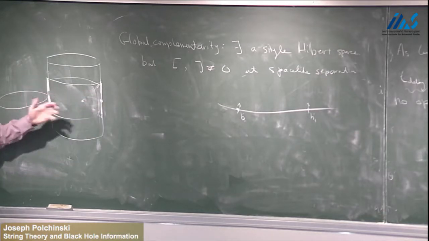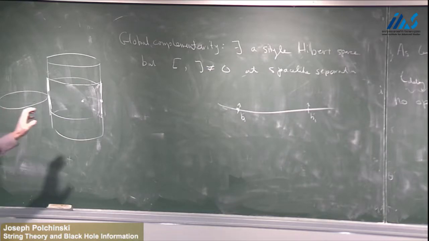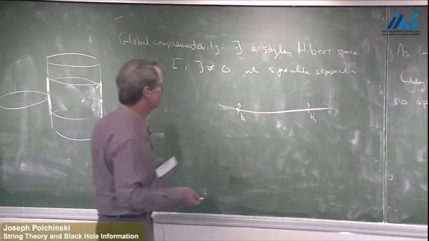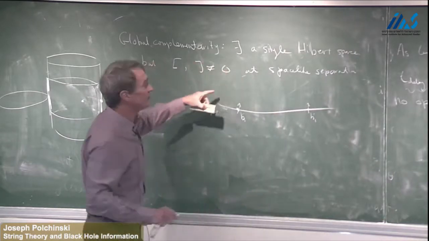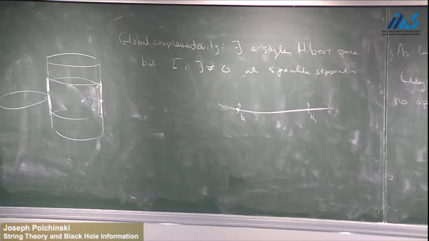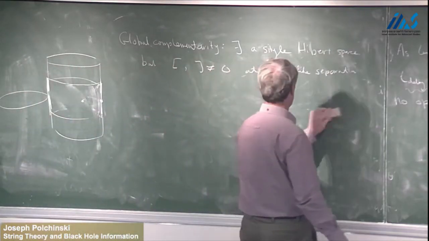And in fact, all the information that's present in the bulk is present in the CFT. And so this interpretation of that thought experiment seems very plausible. This came a few years before AdS/CFT, and then AdS/CFT seemed like a realization of this idea.